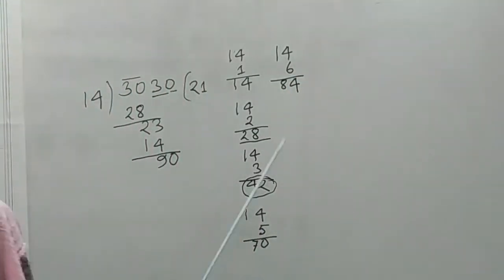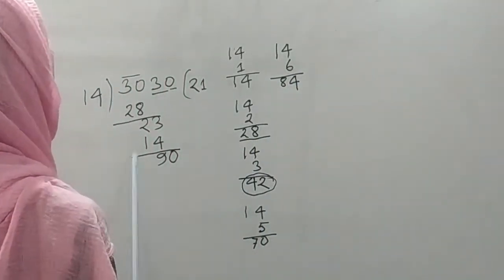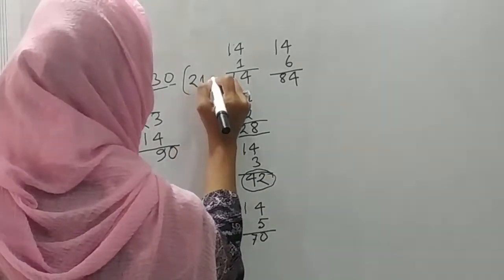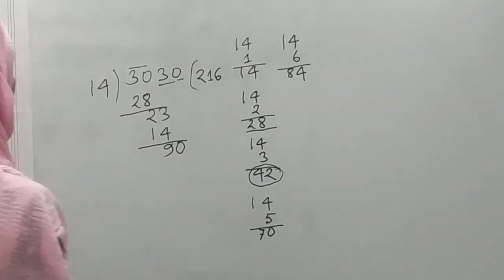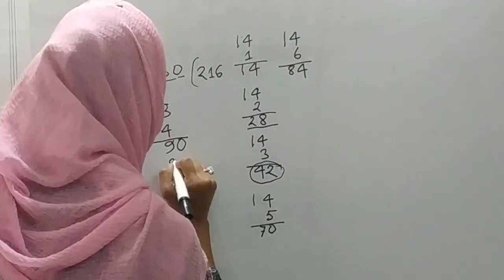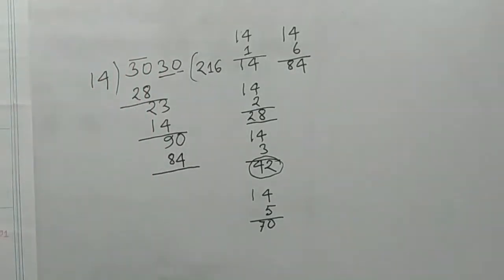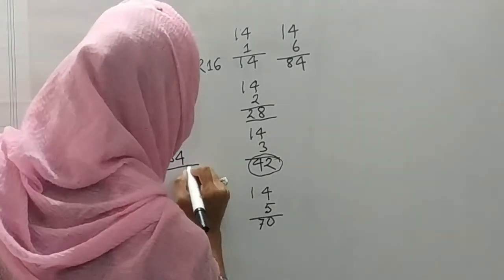Now we see that 84 is close to 90. So we take 6 here, that is 6 times 14 equals 84. Then subtract 84 from 90. The result is 6.